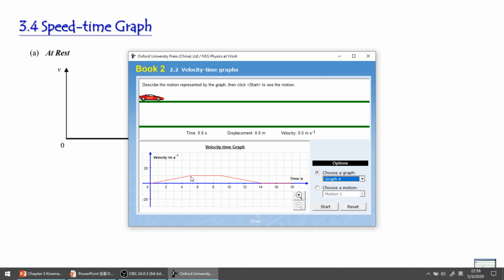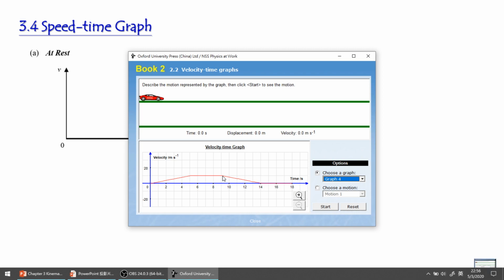Right, it is a horizontal straight line. That means from 5 seconds to 9 seconds, it moves with a constant speed, which is equal to 10 meters per second. And how about the rest of the graph?